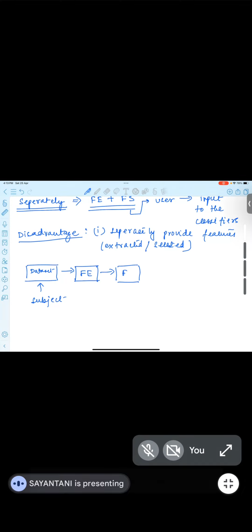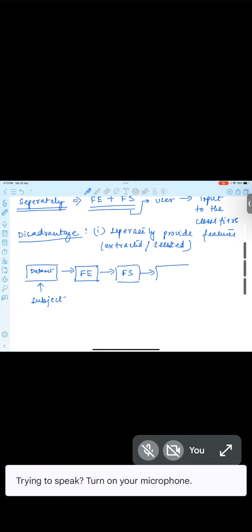That means in real time, whenever you have a data set you are acquiring from a subject via any modality, it can be EEG, fNIRS, anything, you have to perform these two blocks, feature extraction and, if necessary, feature selection.